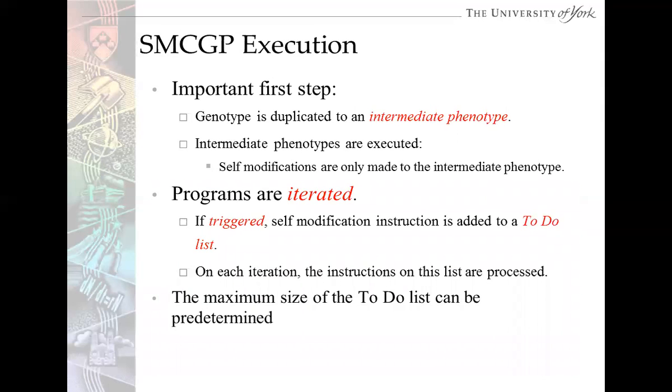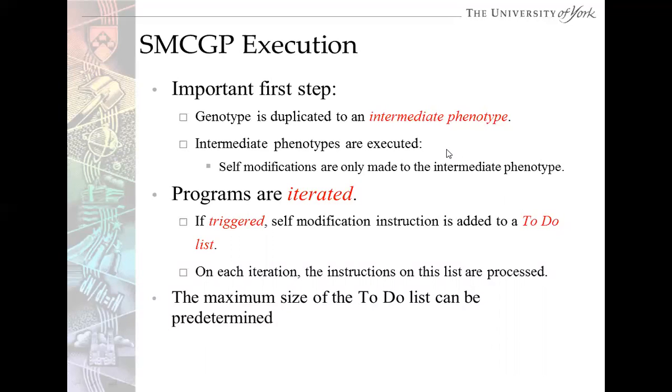How do you execute a CGP genotype? Well, the first thing you need to do is duplicate the genotype to what I call an intermediate phenotype. And it's the intermediate phenotypes that you execute. By execute, I mean apply the self-modifying operations to it to see what new graph you get. Then you would evaluate that new graph.